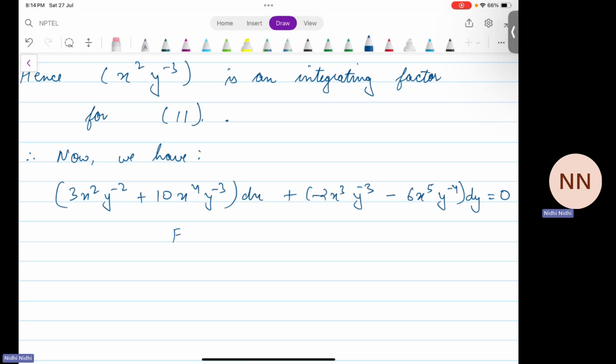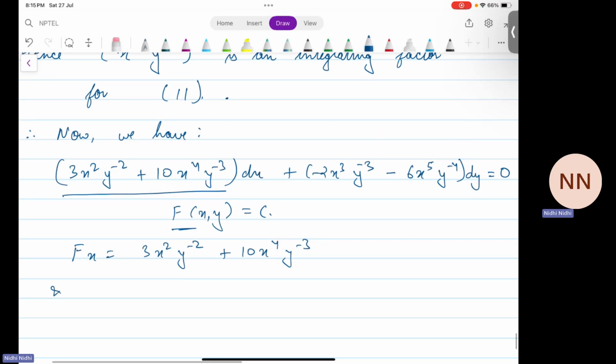For an exact equation we know that the solution is given by f(x, y) equal to c, where f is a function such that its derivative with respect to x is 3x^2 y^(-2) + 10x^4 y^(-3), and its derivative with respect to y is -2x^3 y^(-3) - 6x^5 y^(-4).